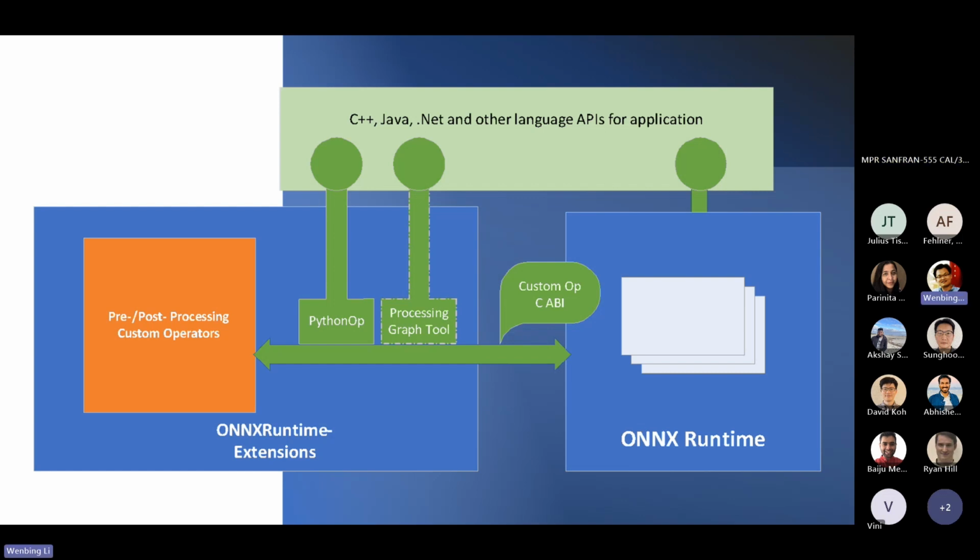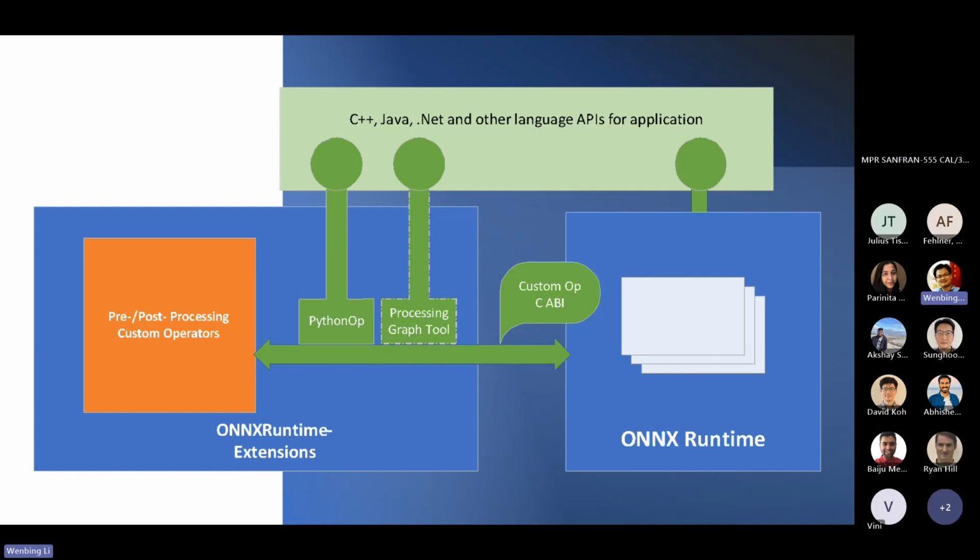Beyond that, we also have a set of processing graph generation tools, which can help you generate the pre-processing module for you. I will show more details about that part later. We also have a feature called Python op in ONNX Runtime Extensions, where you can use a Python function as an ONNX operator.